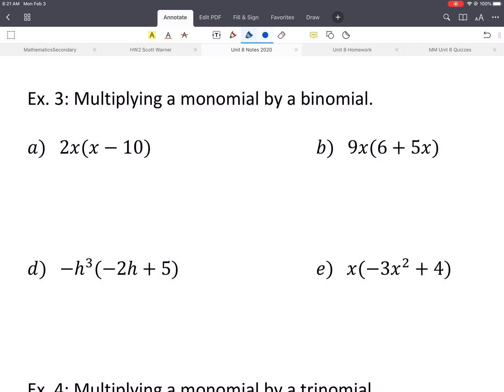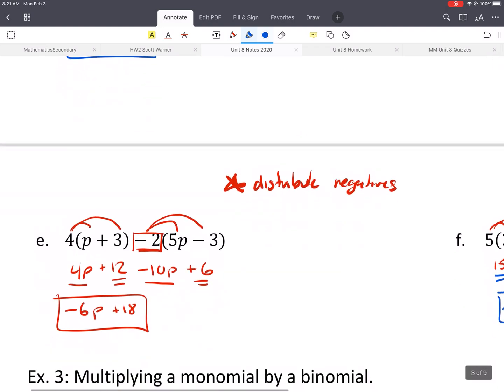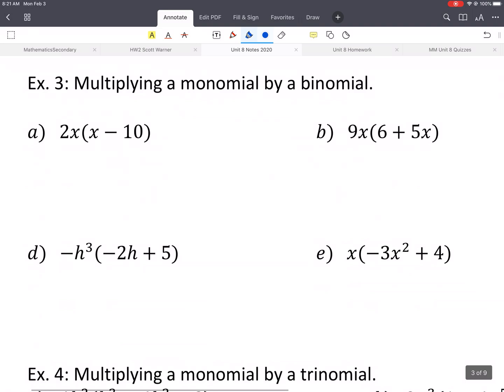Okay, all right, so example 3, multiplying a monomial and a binomial. So before we were just basically distributing constants, just numbers. Here we're going to distribute numbers and variables.